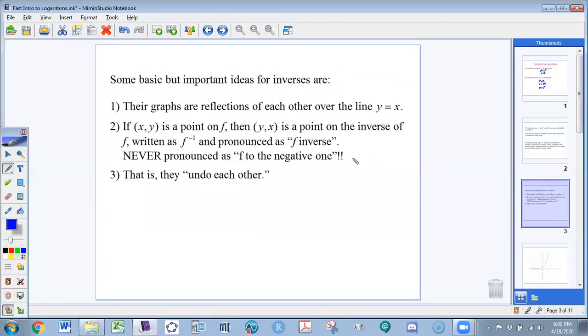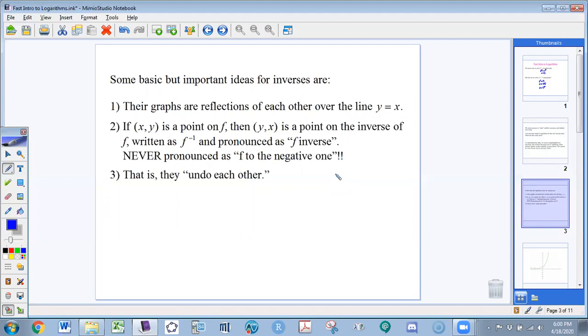Some main takeaways from the work with inverses, if we were to go into it, is that inverse functions have graphs that are reflections of each other over the line y equals x. That comes about from the fact that you flip-flop the points. For all of the ordered pairs, you switch the x and y coordinates. So if (x, y) is a point on the original function f, then (y, x) is a point on the inverse function of f.